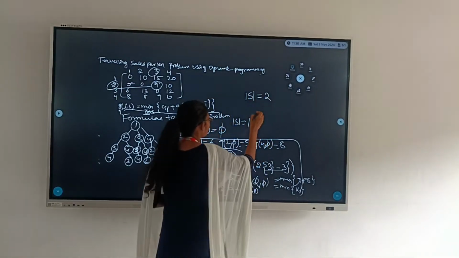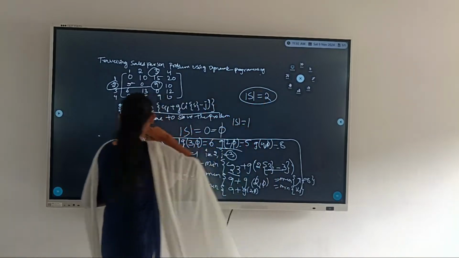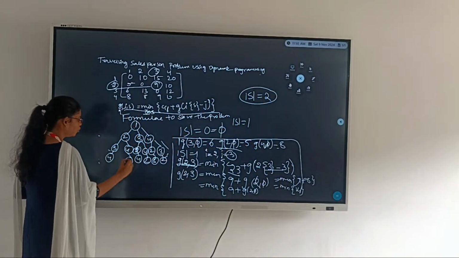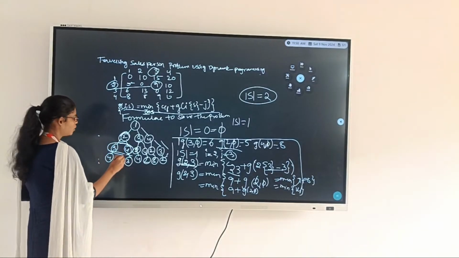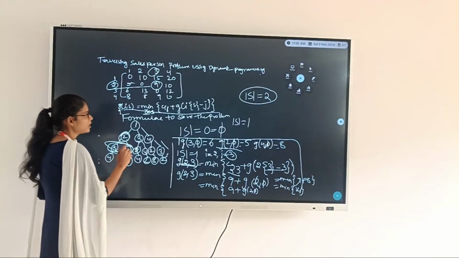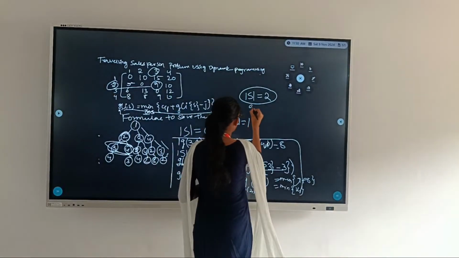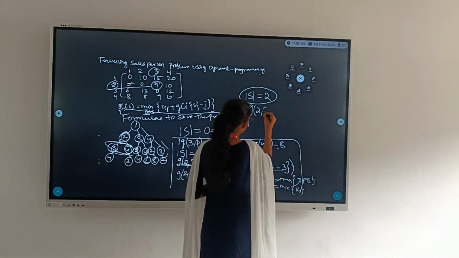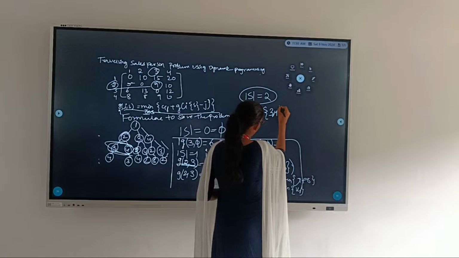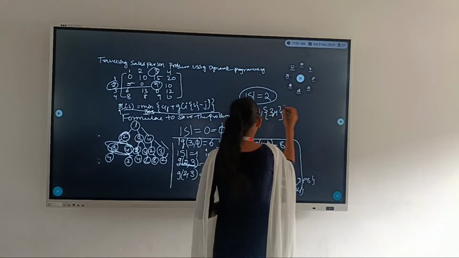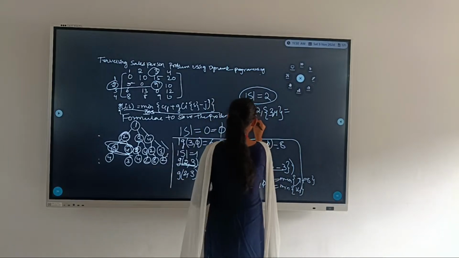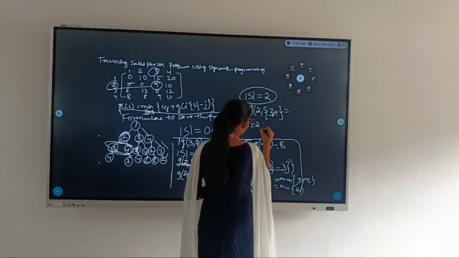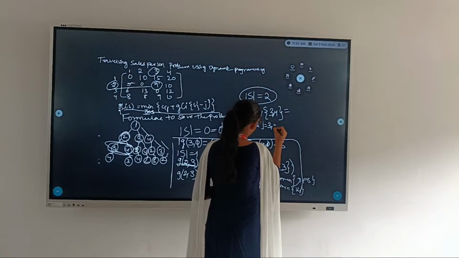Here how is 2 considered as 2 nodes? Here 2 has 2 nodes. Yes or no? 2 is the parent node and 3 and 4 are the child nodes. So you are considering 2 children. So you should mention G of 2, 3 comma 4 is equal to, here I is equal to 2, J is equal to 3 comma 4.